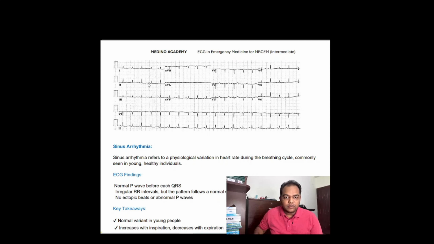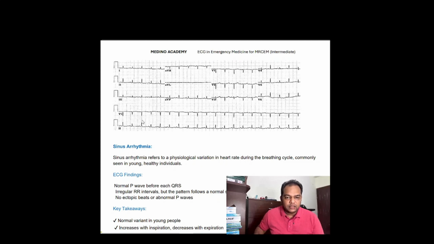There are low QRS complexes, and also there is tachycardia. You can count the rate, approximately 120 beats per minute. And there is also electrical alternans. What is electrical alternans? You can appreciate the amplitude of this QRS complex is relatively larger than the second QRS complex.